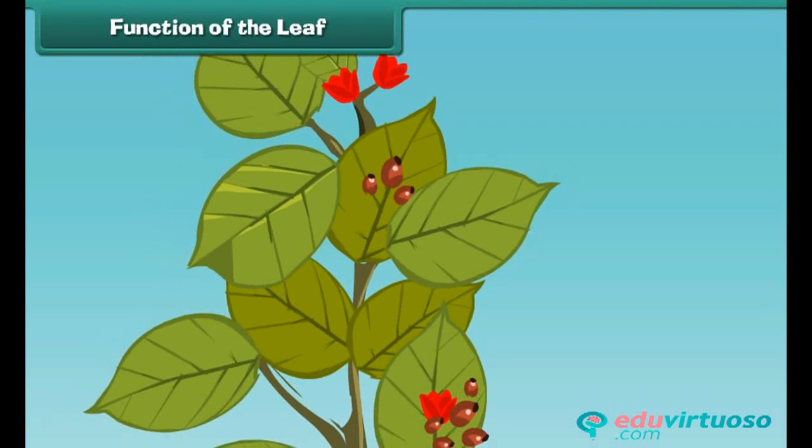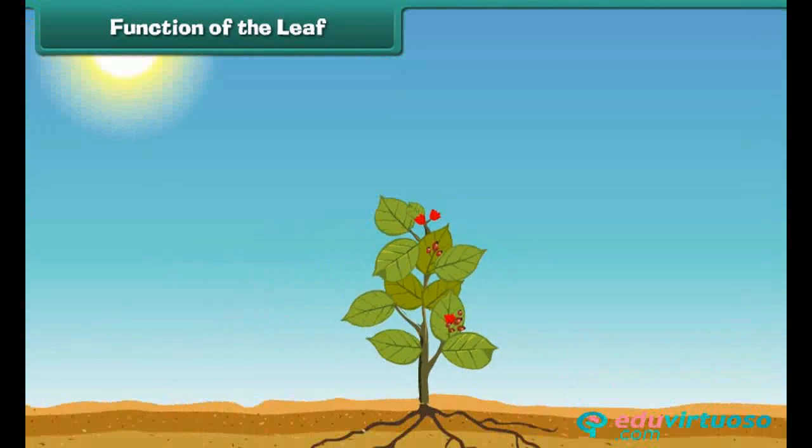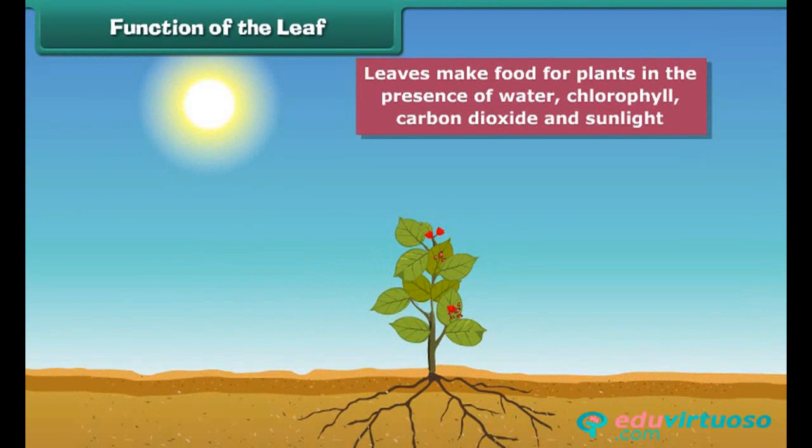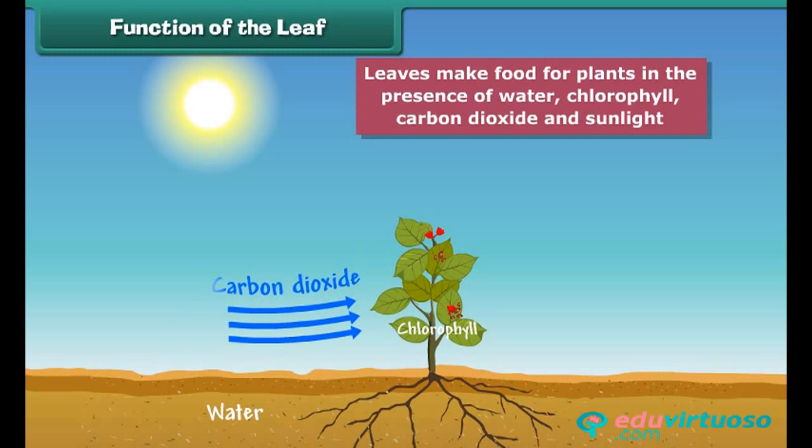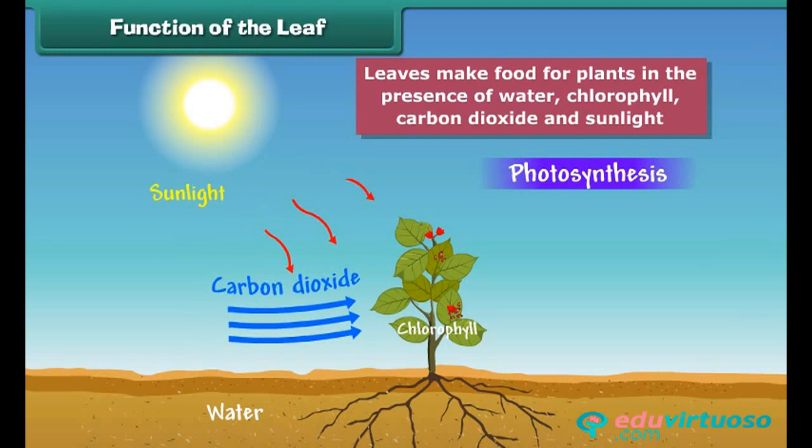Next part of the plant is leaf. It is the green part of the plant that is borne on the stem. They are of different shapes. Some are round, some are long, and some are triangular. The edge of a leaf is known as margin, and their margins are also different like their shapes.